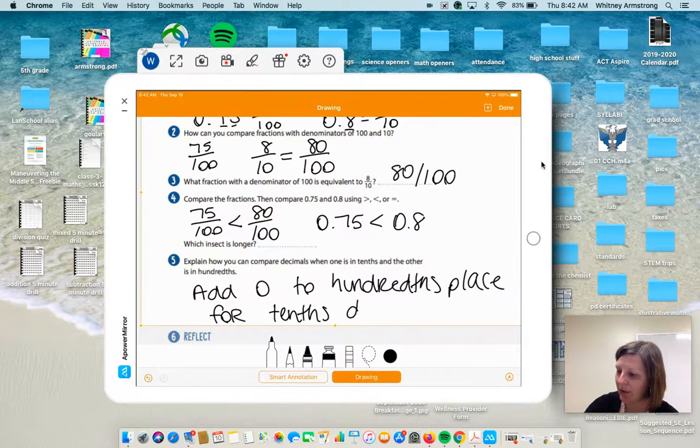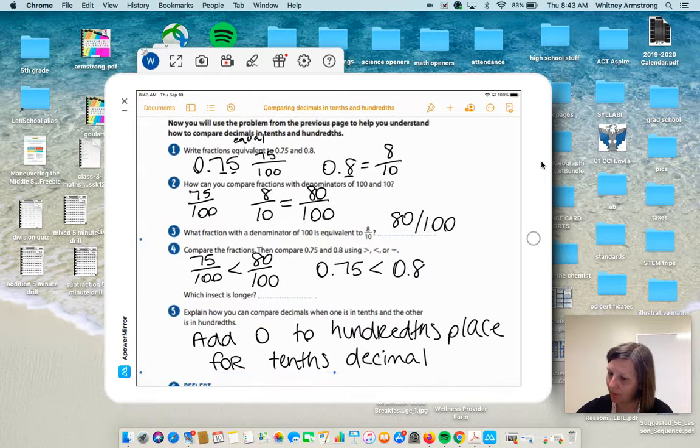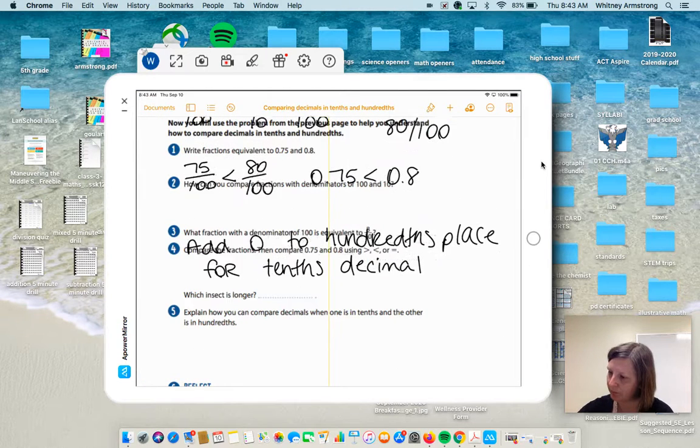If it's missing a spot, you just fill it in with a 0. That's just the typical rule. If you line them up in your place value chart and one doesn't have enough spaces, fill it in with zeros.